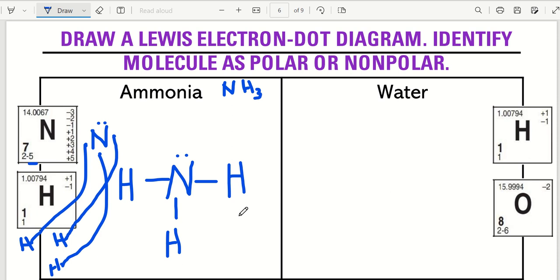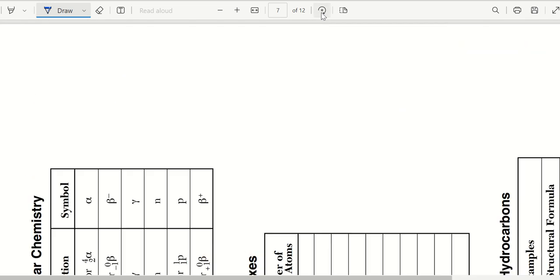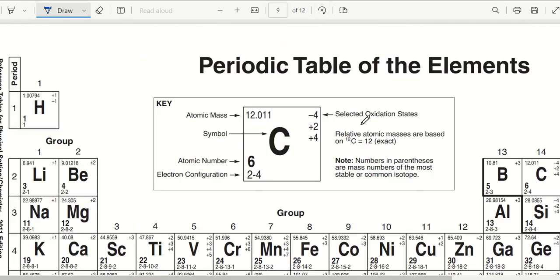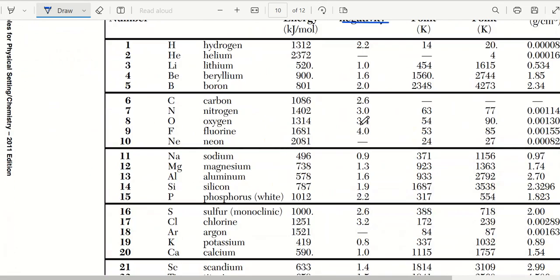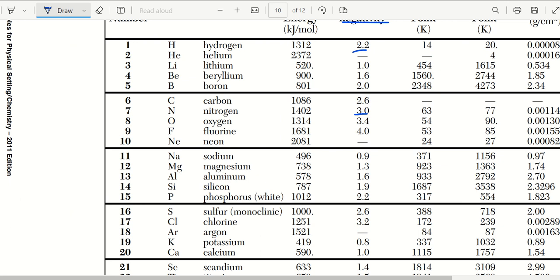Now, when we are determining polar or non-polar, let's figure out the bond. Nitrogen's electronegativity is 3, hydrogen 2.2. So subtracting, it is 0.8, which means the bond is polar. And nitrogen is more electronegative.